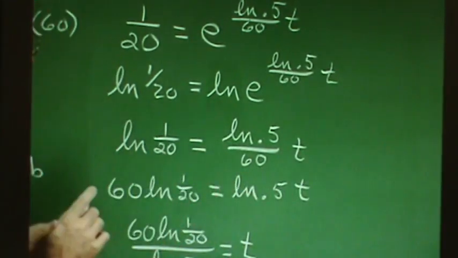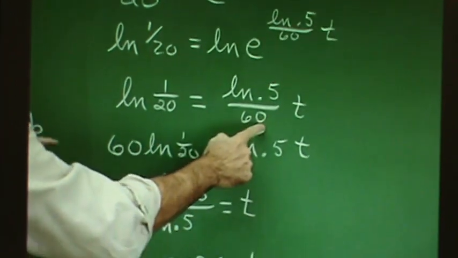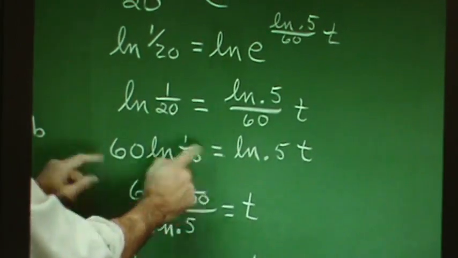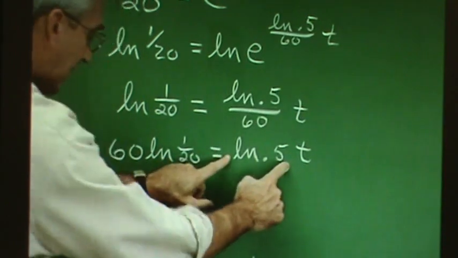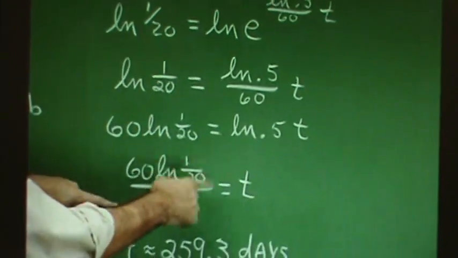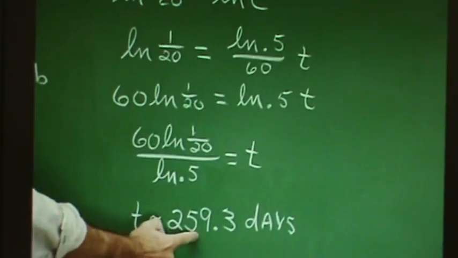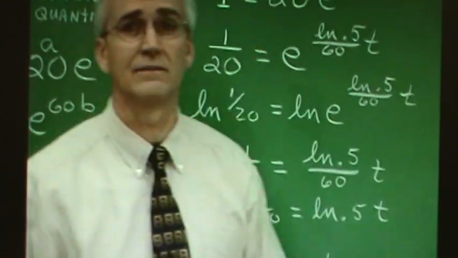We could use a 1-step method, but the 2-step method is to clear the fraction first. Multiply on both sides by 60, and the fraction clears here, and we have 60 as a coefficient over on the left. And then we would divide by ln 0.5 on both sides, and then evaluating using the calculator, we would find the time to be approximately 259.3 days to have 1 gram of that material left.